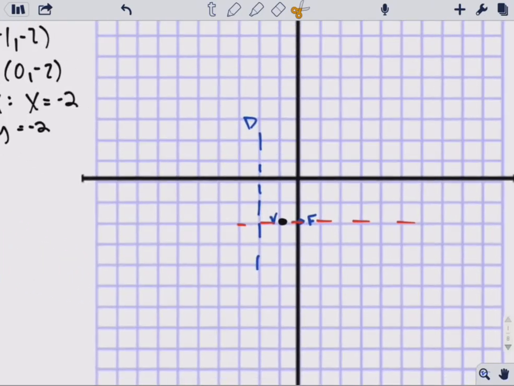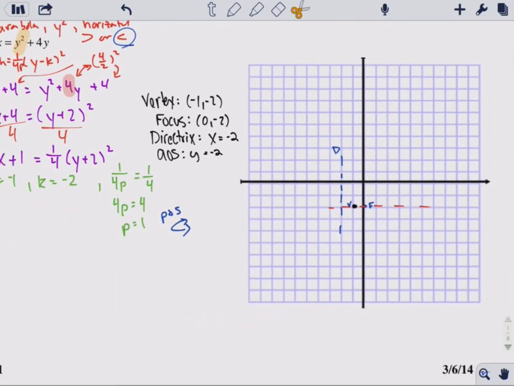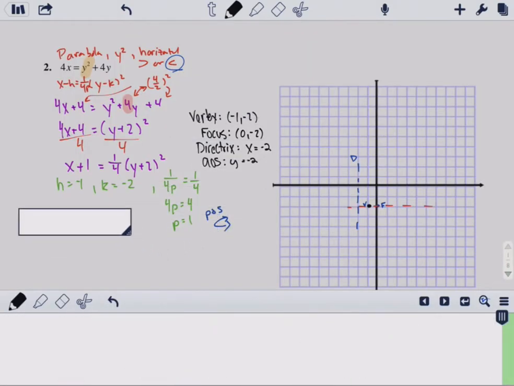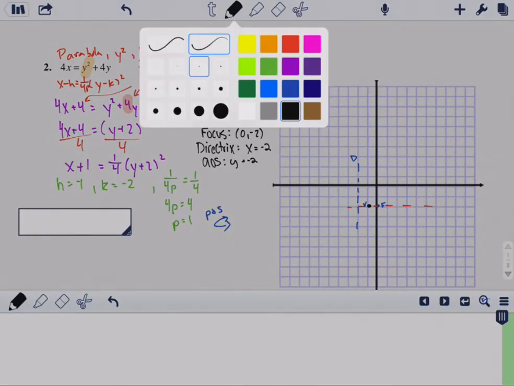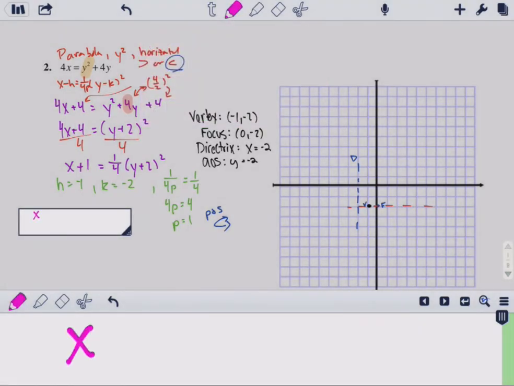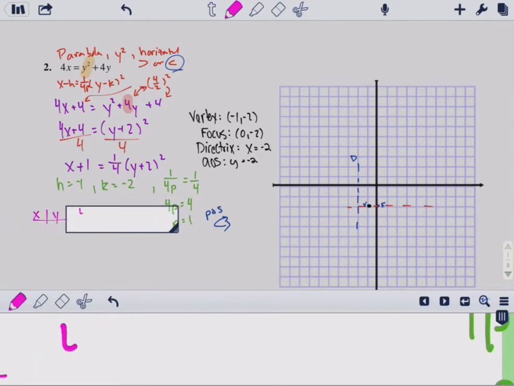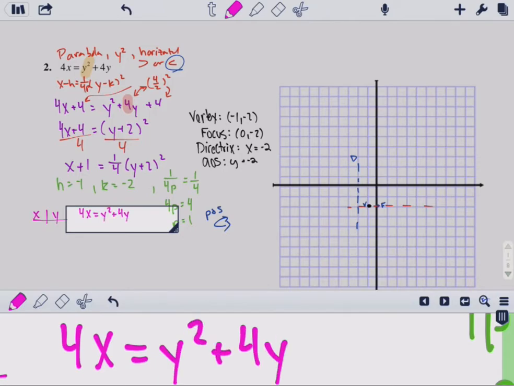All right, so last thing I need to do is graph some points, and if we go back to Algebra 1, how do we learn how to graph points? We make a table. Okay, so let's come over here. We have this equation. All right, our equation deals with points x and y, and our equation is 4x equals y squared plus 4y.